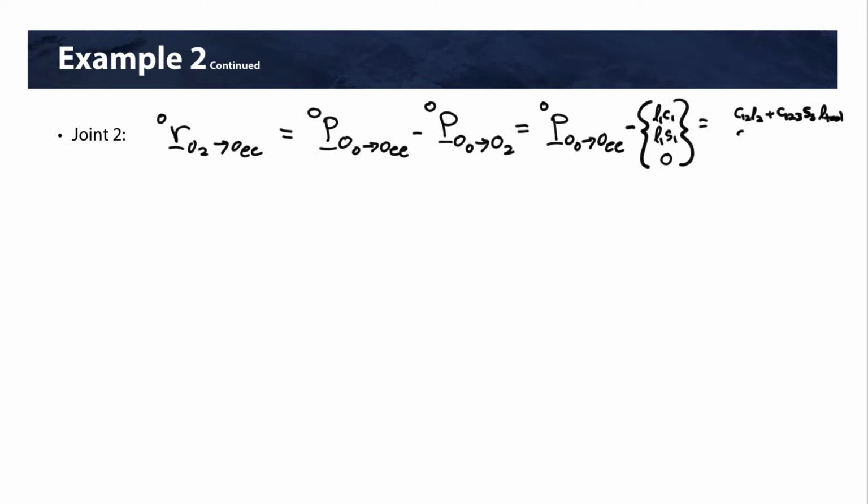Then we'll have S12 L2 plus S123 S5 L2. And we'll have minus C5 L2 minus D4.